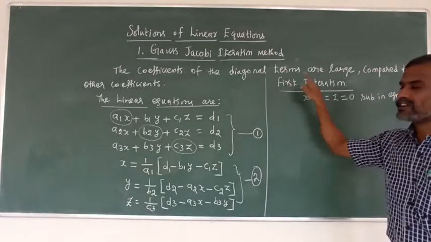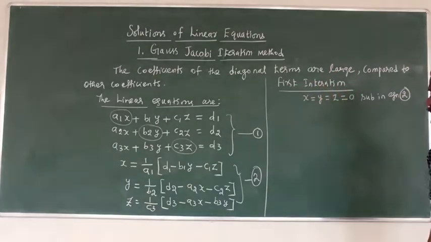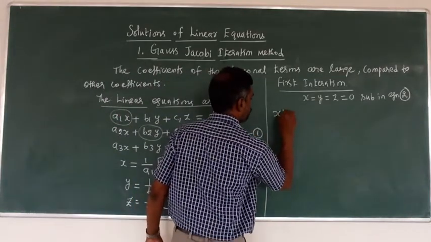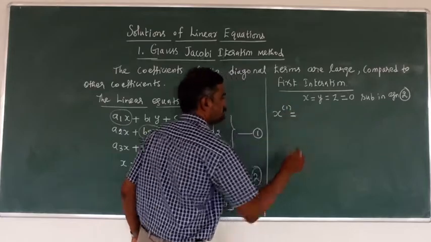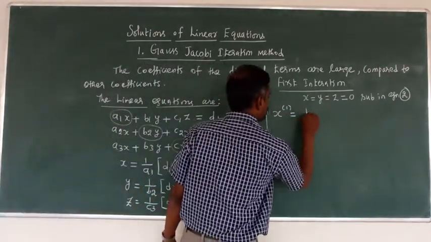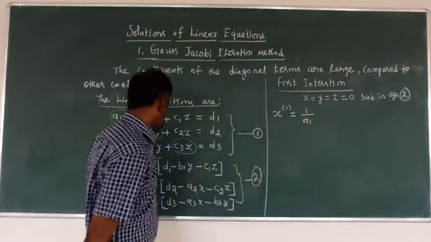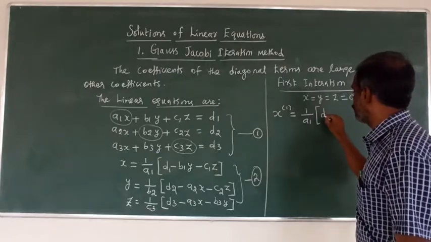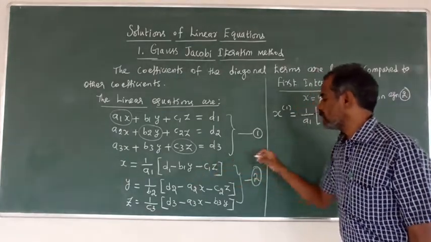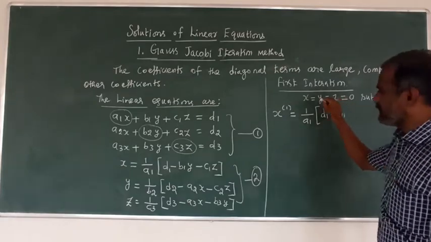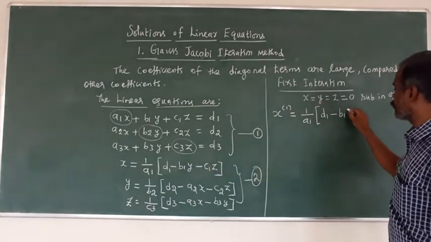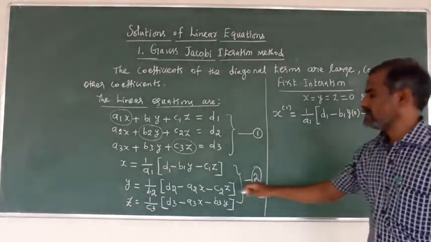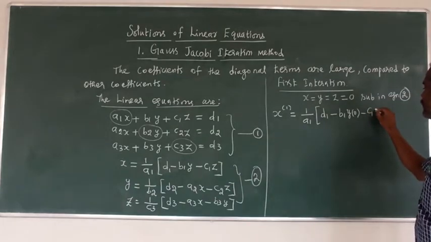Now the first iteration result x1 equals 1 divided by a1, within bracket d1 minus b1 times the y value 0, minus c1 times the z value 0.